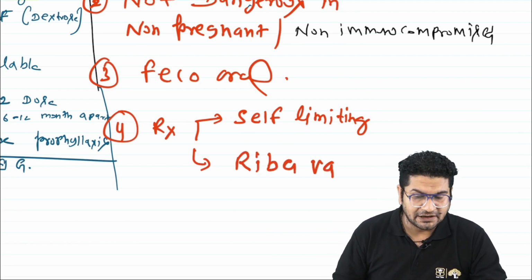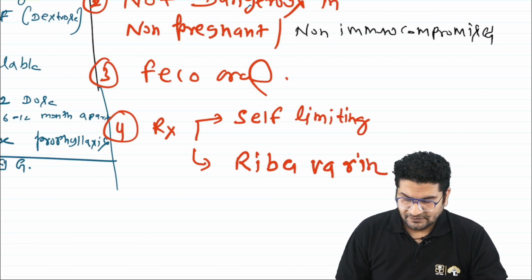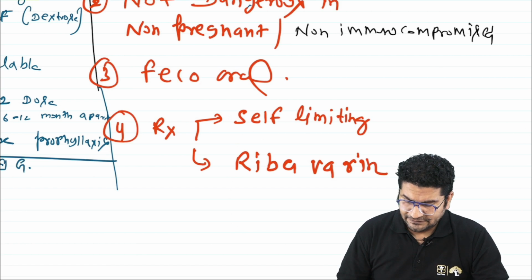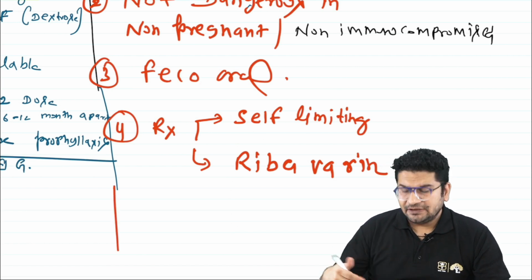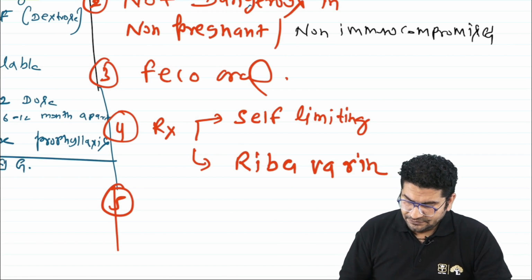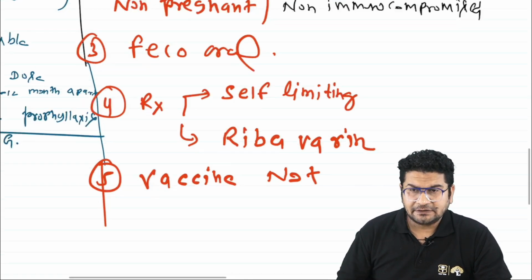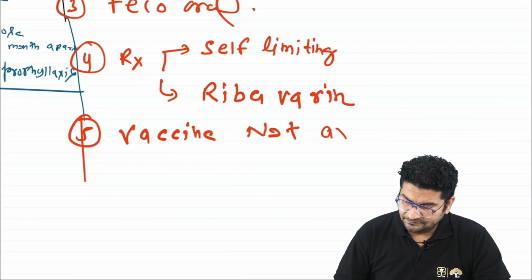We can give ribavirin. In most cases it is self-limiting; otherwise, if it is not healing, we can give ribavirin. I told you a vaccine is available for hepatitis A. For hepatitis E, a vaccine is still not available.